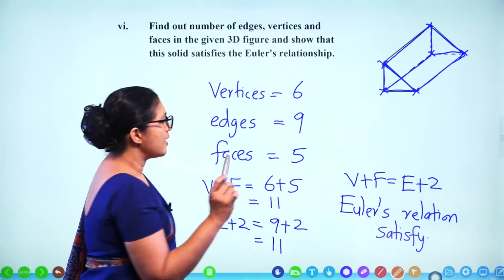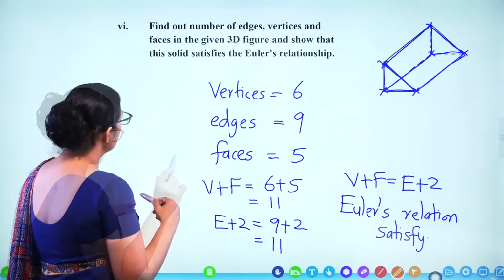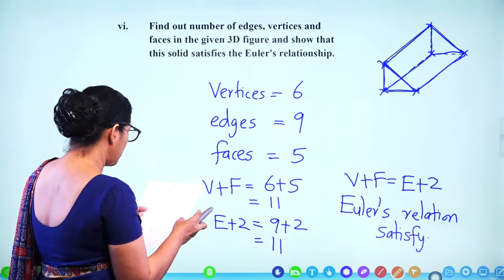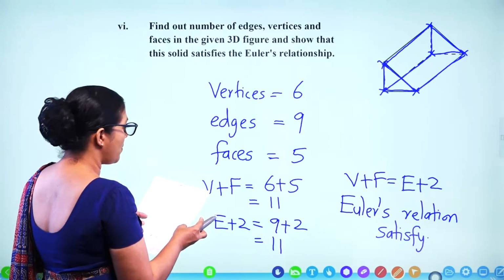Both sides are equal, so you can say Euler's relation is satisfied. So how many marks for this one? You get 2 marks for that.